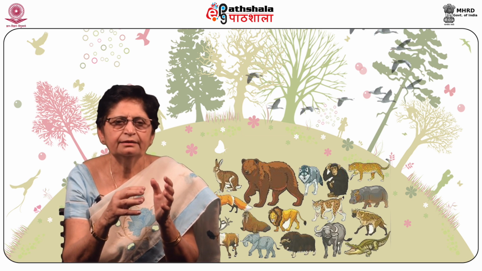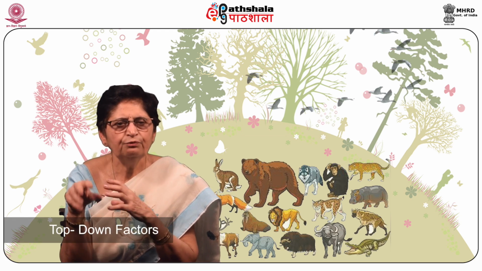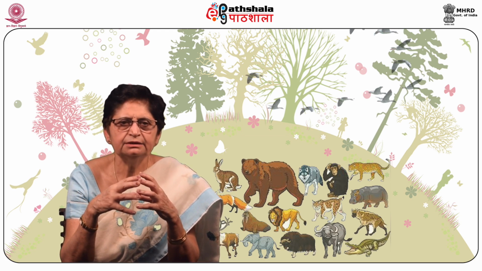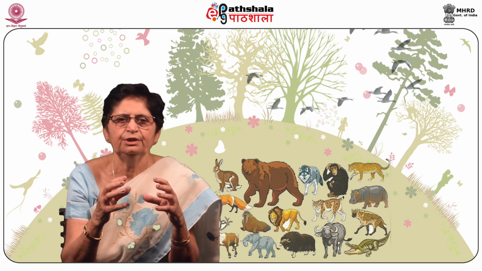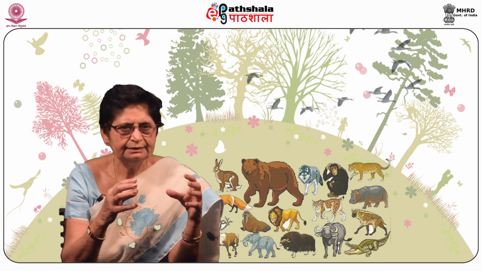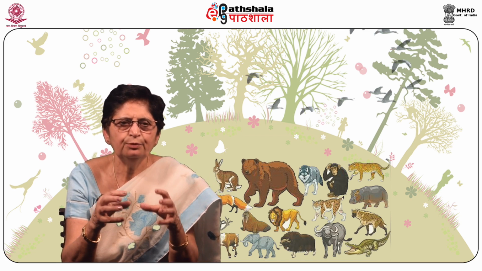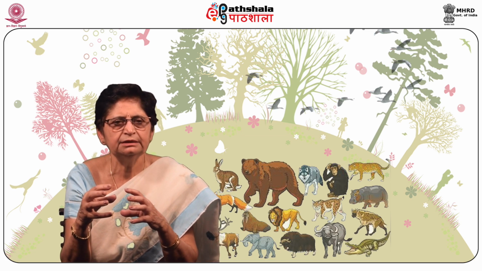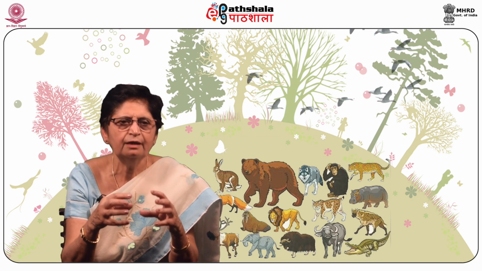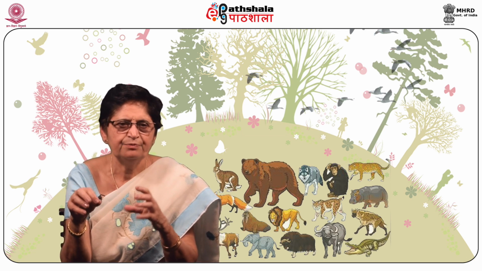The second category of factors explained by Peter Stiling is top-down factors, which emphasize the role of natural enemies in a community such as parasites, predators and diseases. They regulate the population size. As there is an increase in the population density, these diseases may become epidemic and reduce the population density.